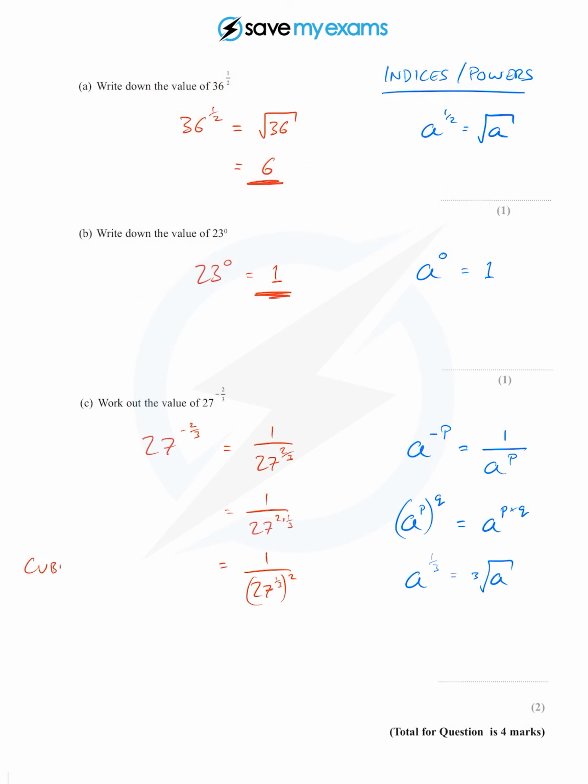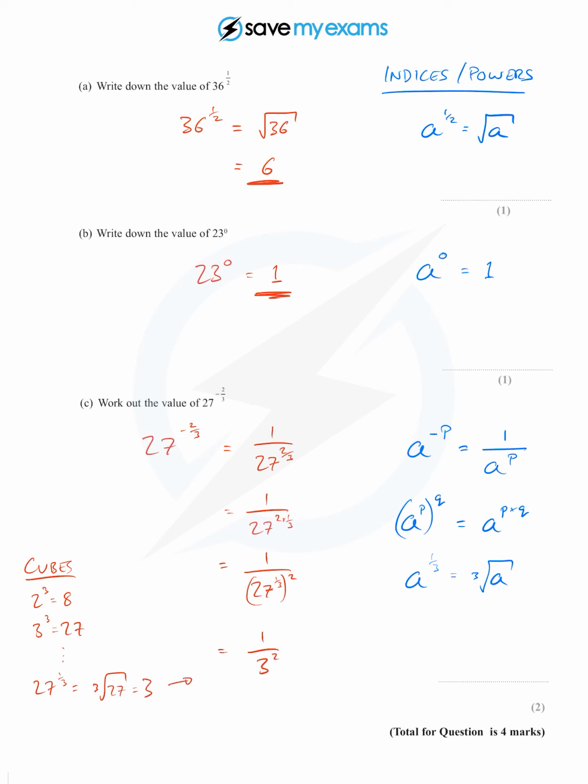Well, let's just remind ourselves of the cubes of various things. 2 cubed is 8. 3 cubed is 27. We could go on, but we don't need to, because we've now got 1 over the cube root of 27, squared. Okay, so 27 to the power of 1/3 is the cube root of 27, which is 3.